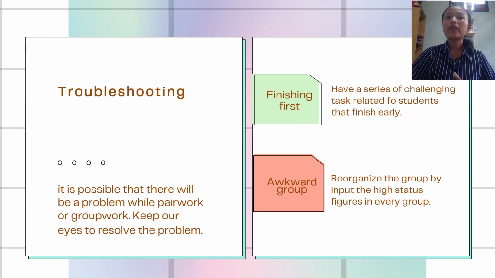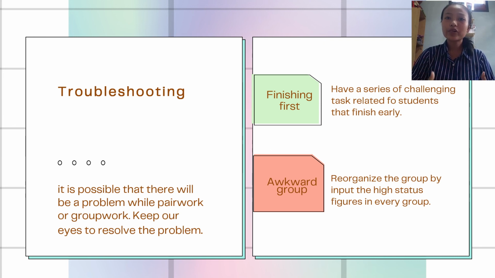One way of avoiding the problems we have mentioned here is to have a series of challenging task-related extensions for early finishers, so that when a group has finished early, we can give them an activity to complete while they are waiting. This will show the students that they are not just being left to do nothing.